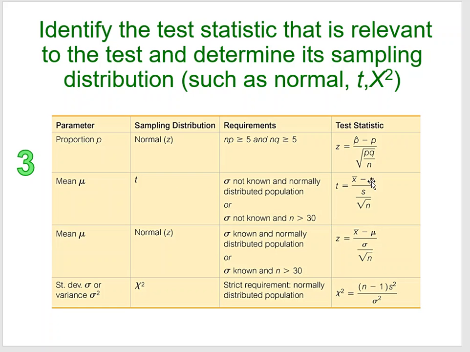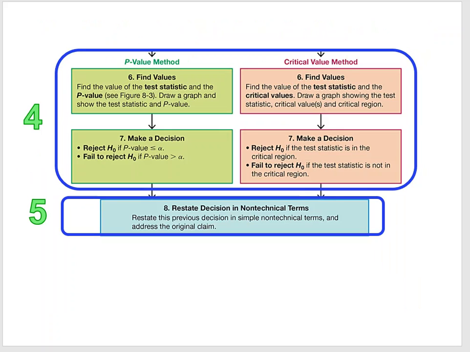Notice that the two formulas are identical except for the denominator, where I use the sample standard deviation, or in this case, the population standard deviation. We won't be testing anything else, standard deviation and variance, so we'll skip that particular one.